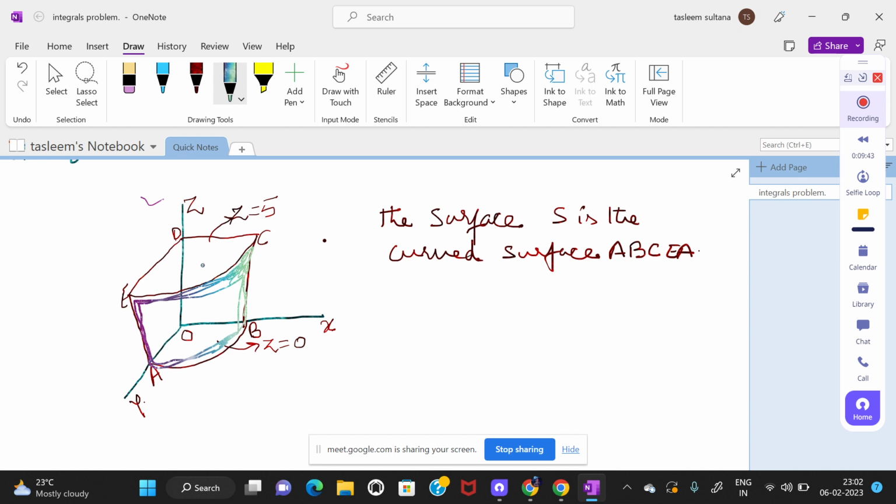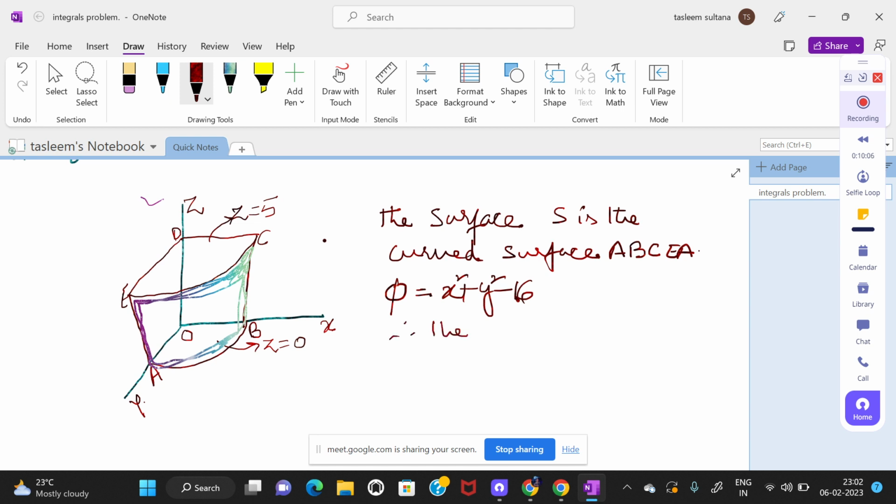So what are you going to get from here? They have given a surface circle, that we will take as phi, which is equal to x square plus y square minus 16.